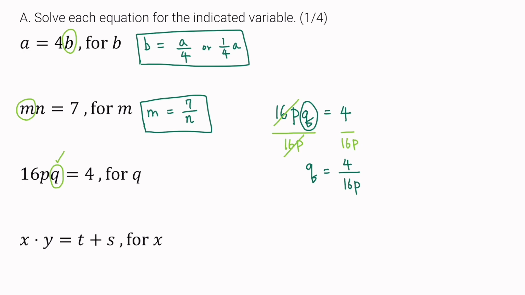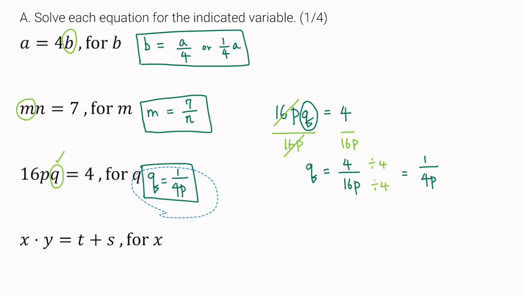But we are not done yet because we can simplify this expression by dividing both numerator and denominator by 4. And if we do that, we get 1 over 4p. So my final answer for this third question will be 1 over 4p.